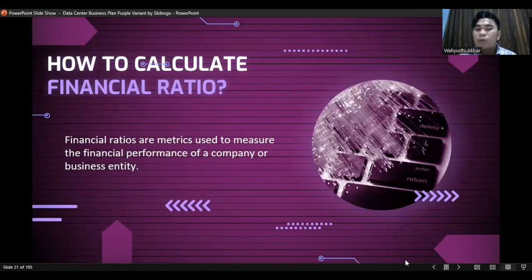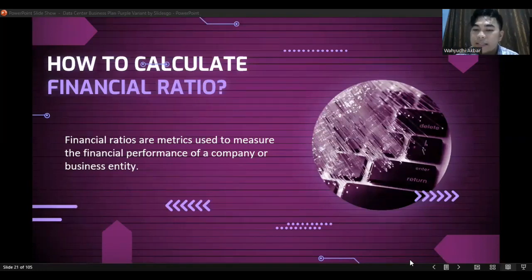So, how to calculate financial ratio? Financial ratios are metrics used to measure the financial performance of a company or business entity. There are many financial ratios that can be used, and each provides different insights into certain aspects of a company's finances.